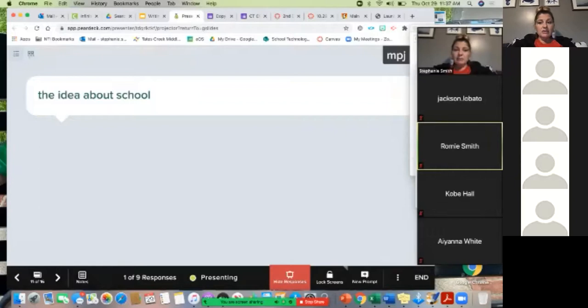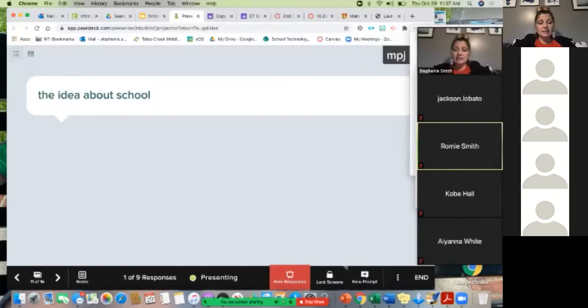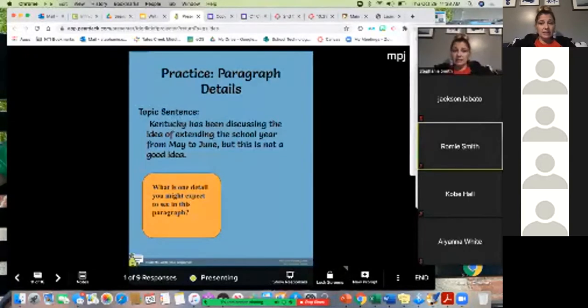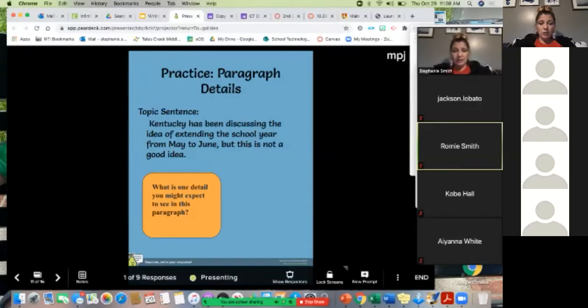The idea about school is not a sentence supporting that topic sentence. Can somebody just give me a general idea about a detail that might be in here? You don't have to write the sentence. Just what might we say to support why it's not a good idea? Why isn't it a good idea? Does anybody have an opinion about that?